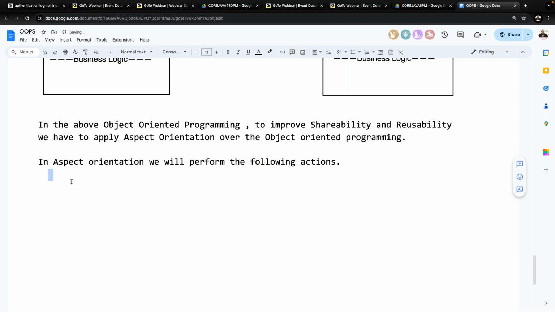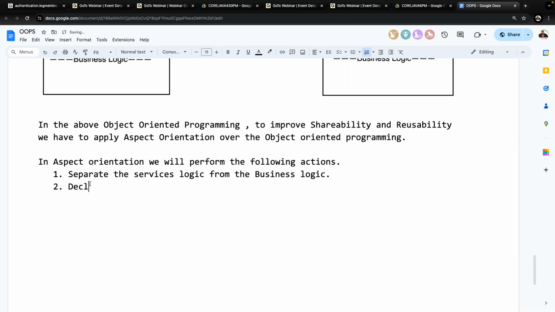What actions are we going to perform? All of you observe carefully. Point number 1. Separate the services logic from the business logic. Don't provide both in a combined fashion. Separate the services from the business logic.